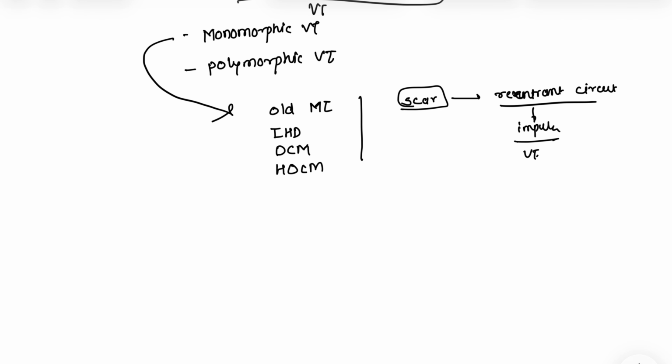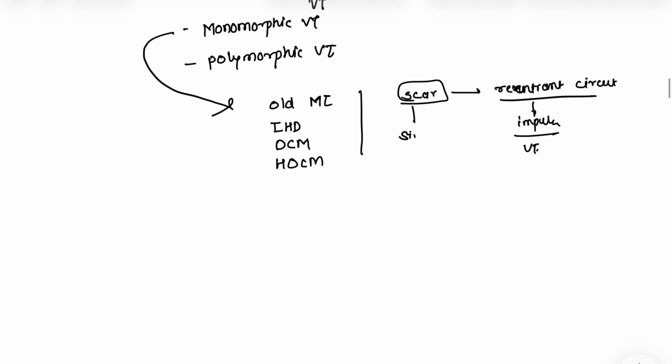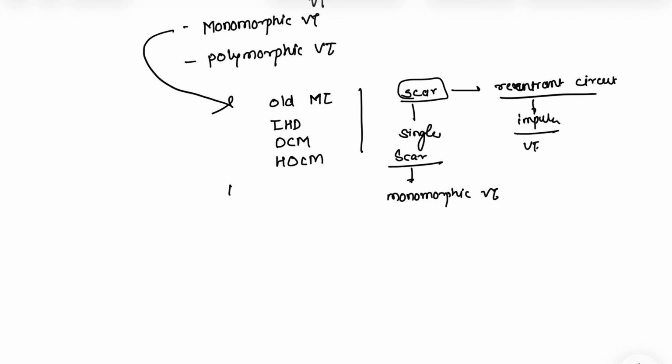Whenever there is a single scar, it will always produce monomorphic VT. Understand? So the single scar behaves as a re-entrant circuit and creates monomorphic ventricular tachycardia. What are the other causes? Other causes include electrolyte imbalance.